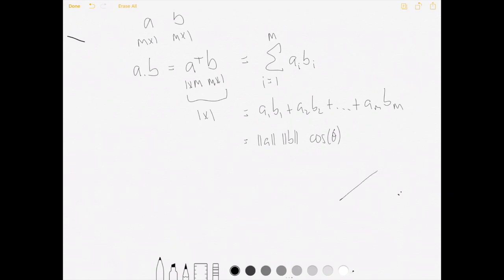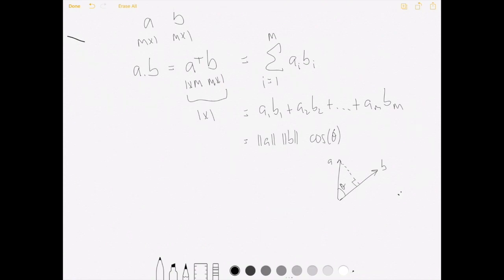Well, if we've got the vector B there and the vector A there, then this angle is theta, and we can look at what the magnitude of A times cos theta is.